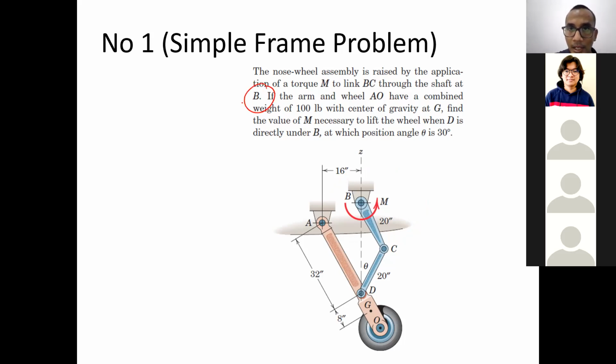And the arm has a combined weight of 100 lb with center of gravity at G, here. So we're supposed to put the force there, 100 lbf at G downwards. Find the value of M necessary to lift the wheel.